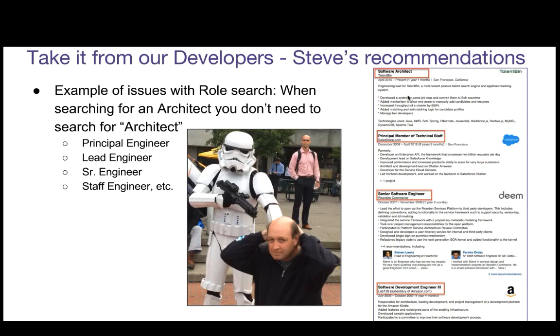So again, if you did run that role search before he started working here, he might not have come back in your search. So it's really important for developers to actually look for that particular skill set, and that will give you the best chance of finding the right candidate for the role.